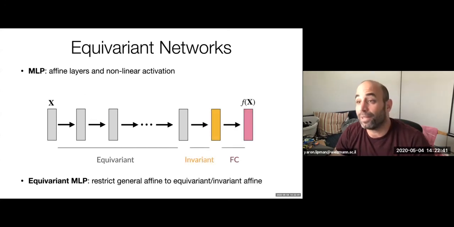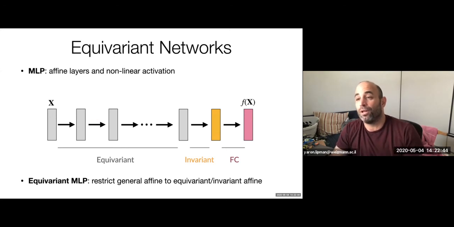If we want an invariant network, so for example, if you want to learn a function that provides maybe a number per graph that represents something about the graph, then we might want to add an invariant layer. After a single invariant layer, everything else is going to be invariant. There's no point in putting more than one invariant layer. So here we have a fully connected layer at the end of this network, and this whole thing is going to be invariant.